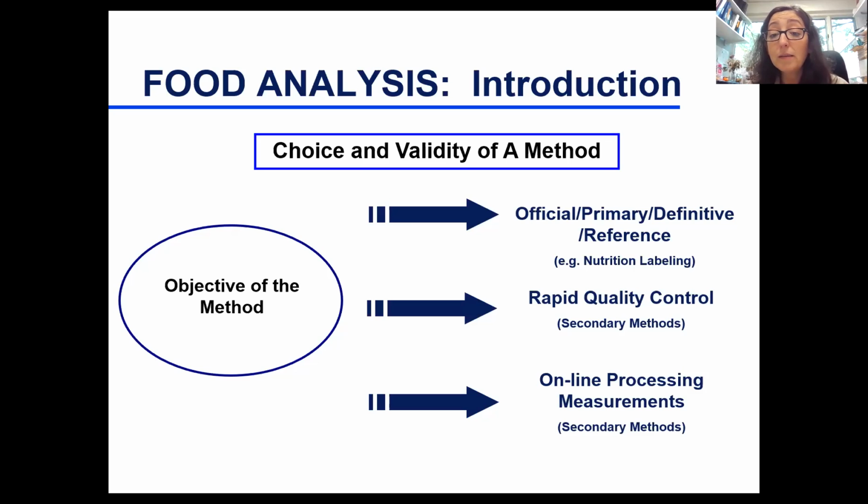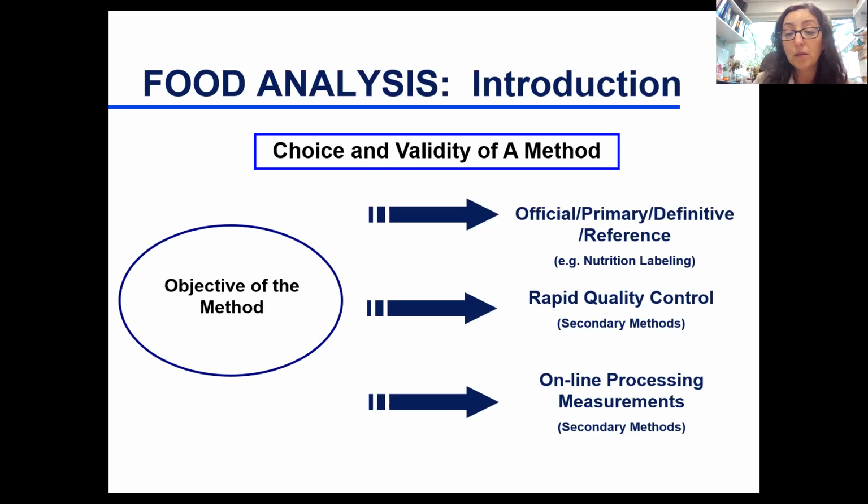Online processing measurements, so either rapid quality control or online processing, they both really require only secondary methods of analysis. So during processing is online, and then at the end of processing, to make sure that you have the quality, like I said, at the end for labeling skim milk or 2% milk, you want to quickly determine that quality at the end.